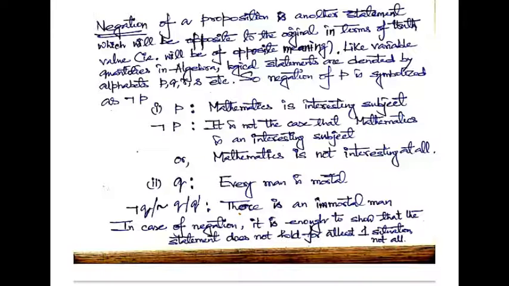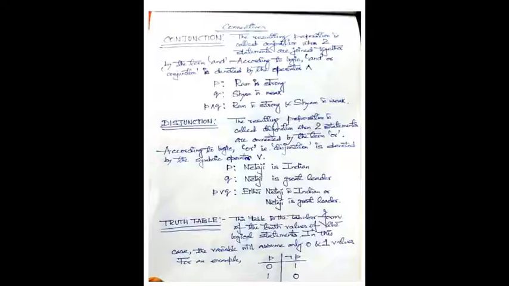Now we have to know the basics of connectives. The first one is conjunction. What is conjunction? The resulting proposition is called a conjunction when two original statements are joined together by the term and. According to logic, and or conjunction is denoted by this symbol.